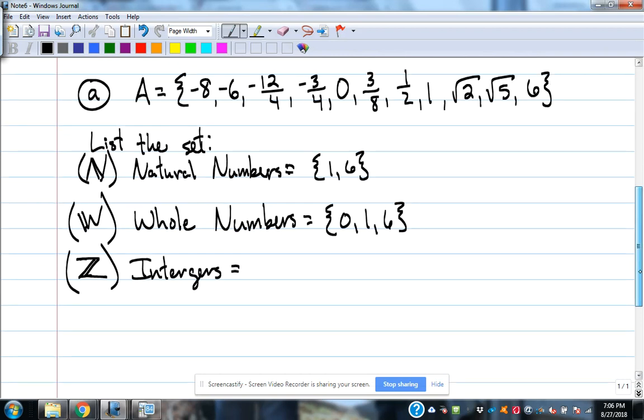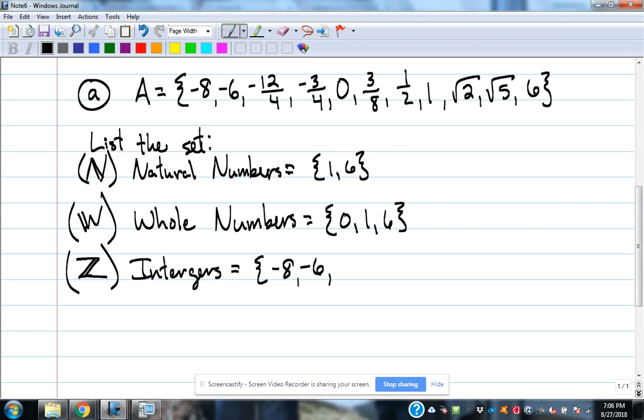Okay. So integers. What are the integers in our universal set there? Almost all of them, but not all of them. So we got -8. That's an integer. -6. That's an integer. Okay. So what about -12/4? It's a fraction, but what is -12/4?